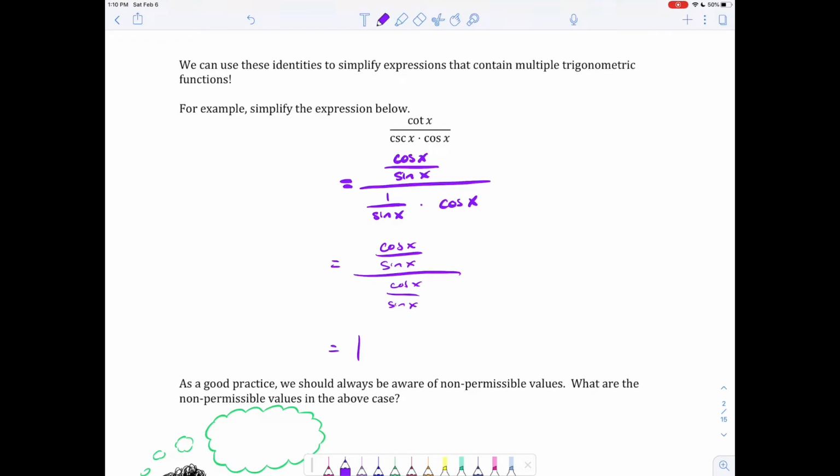Of course, there are cases where that wouldn't be true, and that's just because this expression right here has some non-permissible values. So it's good practice to always be aware of those non-permissible values.